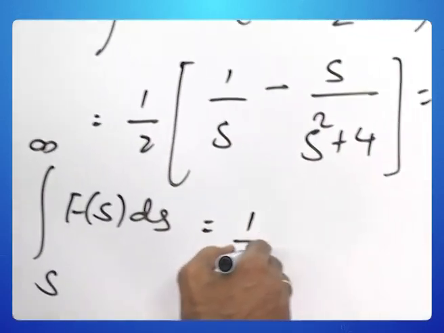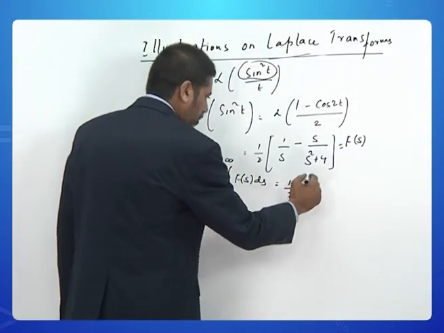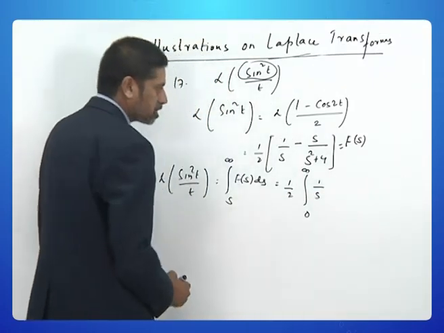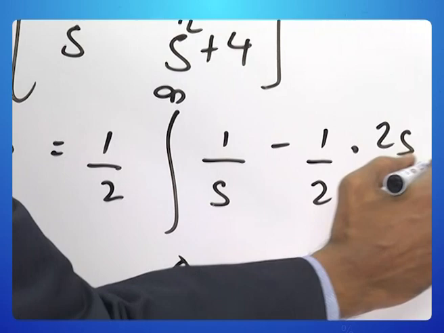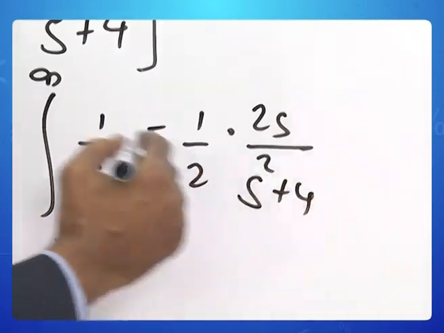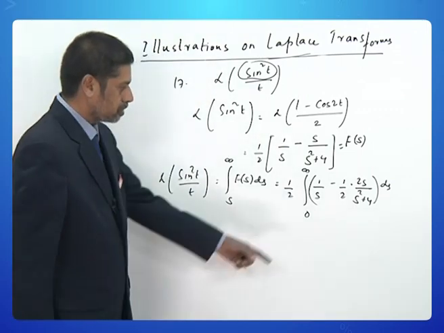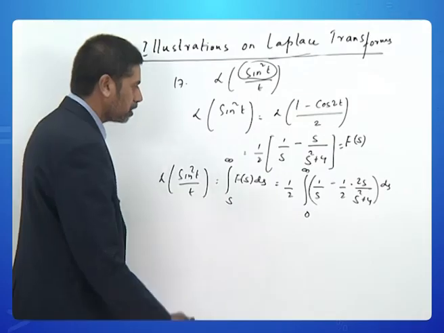So we can write this as half integral 0 to infinity 1 by s minus half into 2s by s square plus 4 ds. This is just to manage the integration there, okay?